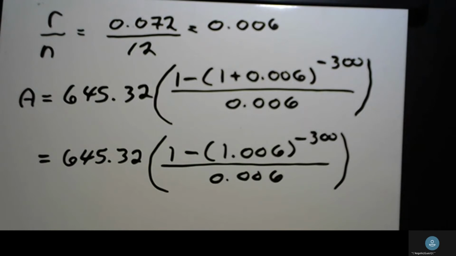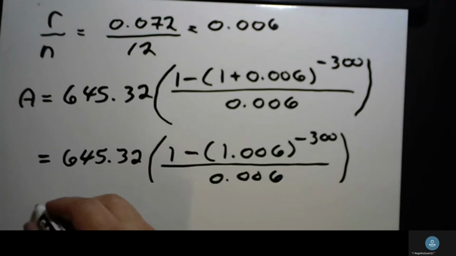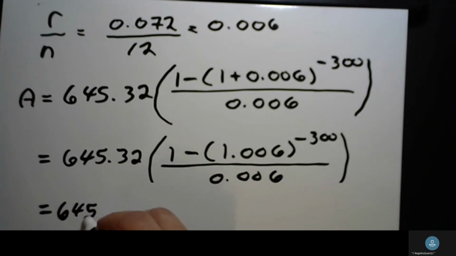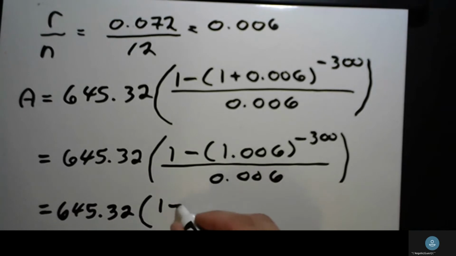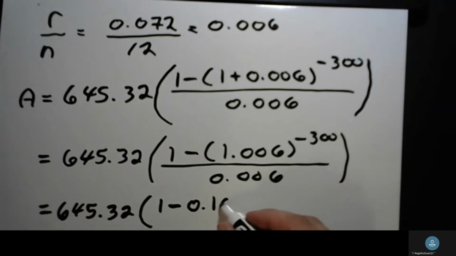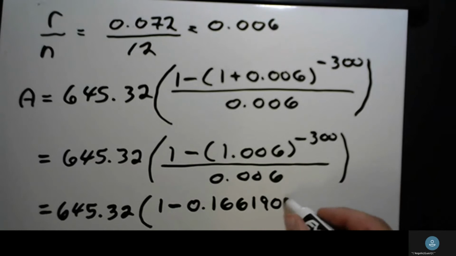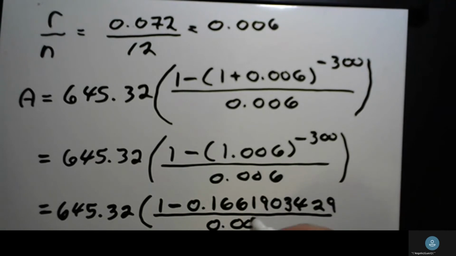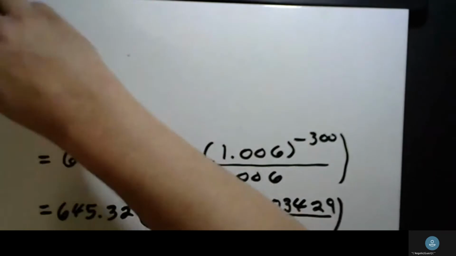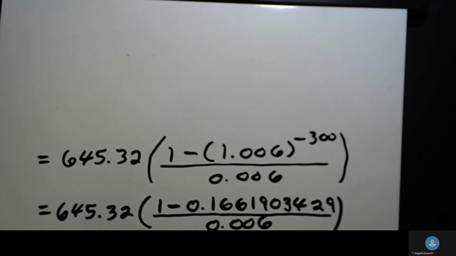So let's see, 1.006 to the negative 300. I think I can squeeze this in here. Let's see.